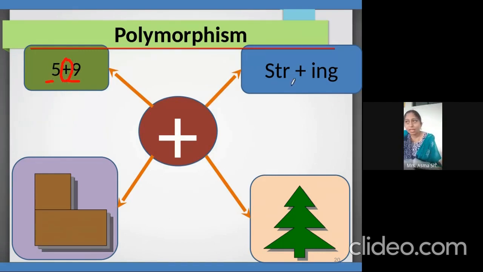If we see this, a plus where I concatenate the two things for the addition purpose, as if I'm using the plus operator here. So here the plus operator is performing different tasks at different places. Here I concatenate two things together, like here is a square, here is a rectangle, here is a square.